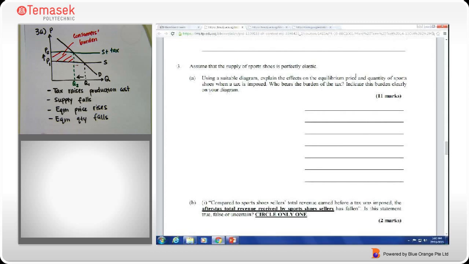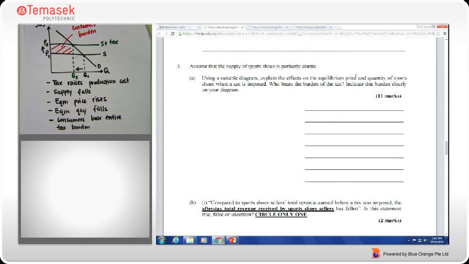Therefore, sellers do not bear any burden of tax. And so we say that consumers bear the entire tax burden.